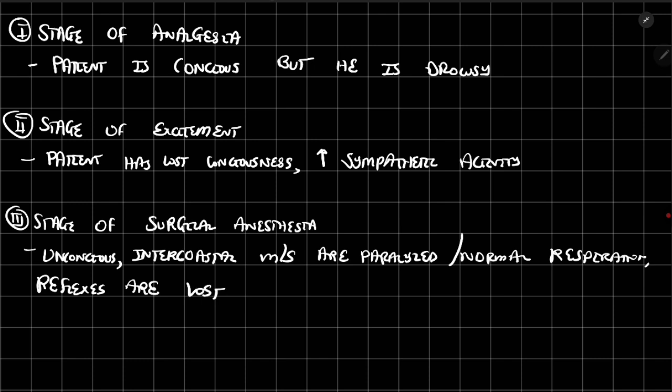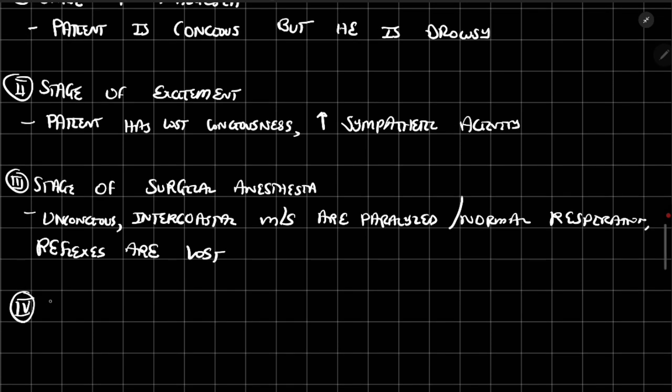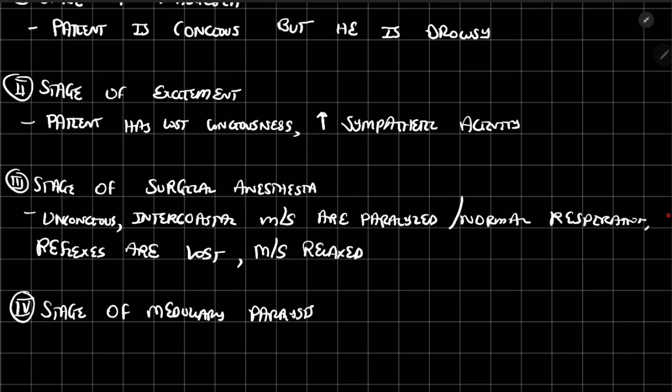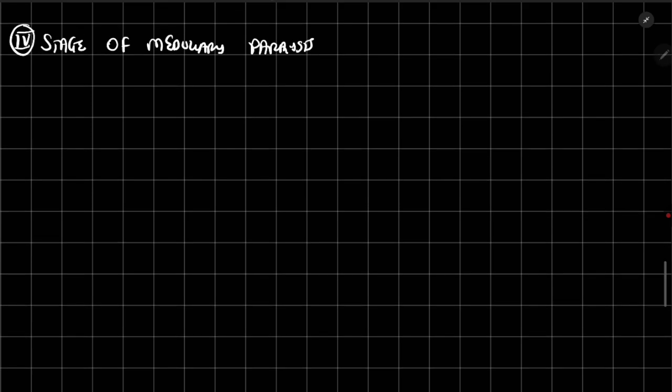Now stage 4 is the stage of medullary paralysis. One thing I forgot to add, in stage 3 of general anesthesia or surgical anesthesia, the muscles are also relaxed. Coming to the fourth stage of medullary paralysis.